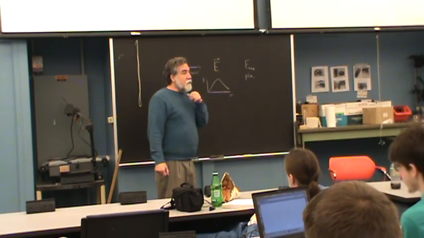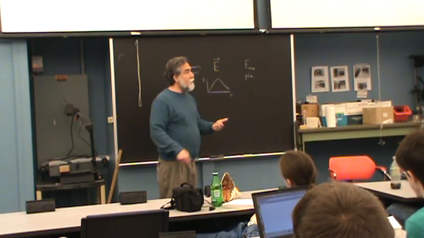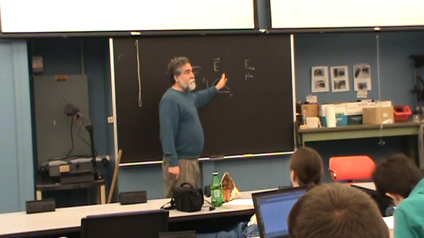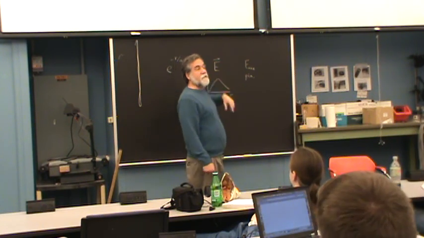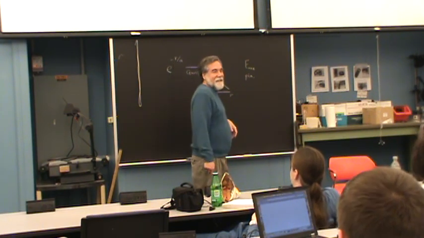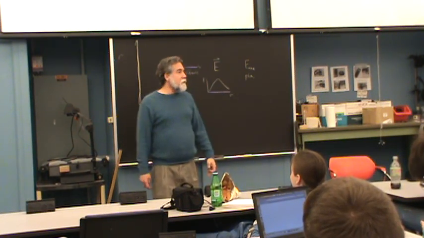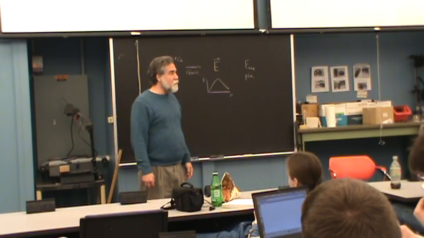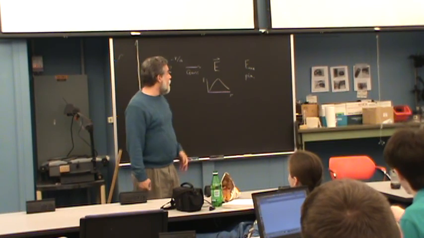And then when I was asked some question about it, I went to look at Ohanian's solution again. Ohanian worked it to here and stopped. And then he said, all you have to do is differentiate it, and then integrate that. So it's pretty clear that he decided that it was just more work than he was willing to do. And if he's not willing to do it, I'm not willing to ask you to do it.